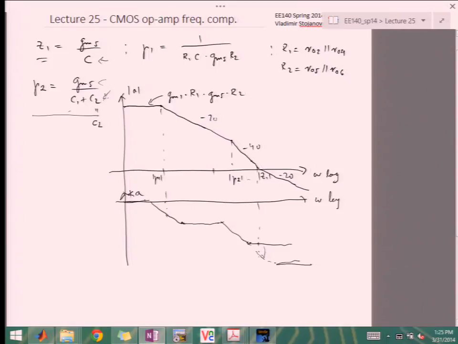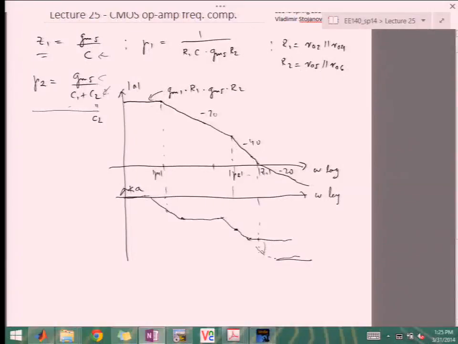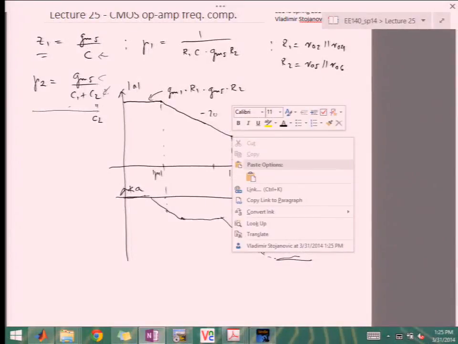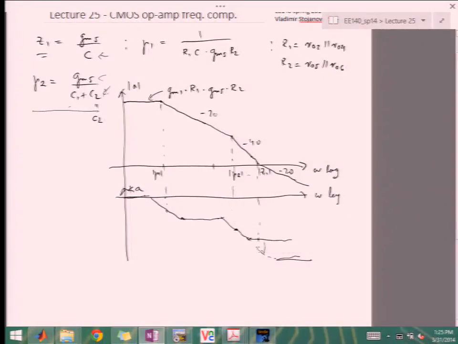2. If the zero is very close, notice that our target, for example, where we put our bandwidth, our crossing, is at the final position of P2. So let's say that we start dropping, let's call this position over here 20 log 10 of 1 over f.